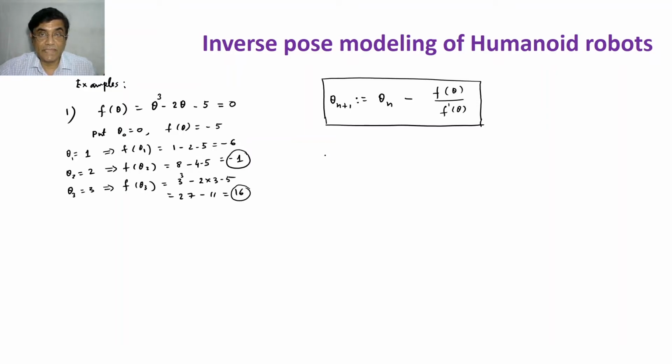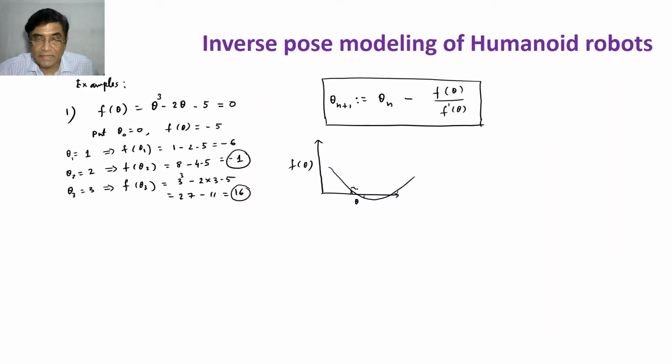So what does it mean? If you try to just understand what is happening, you have got something like this. The function was negative for some theta values and now it is positive.